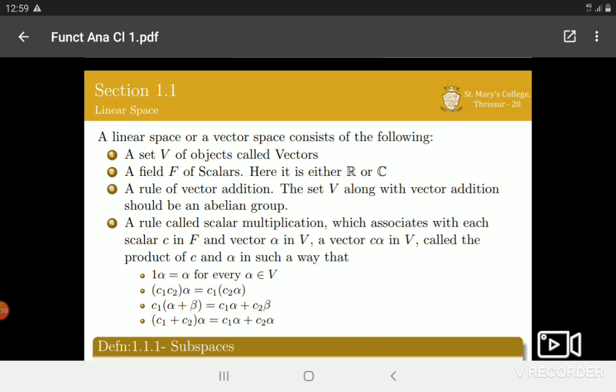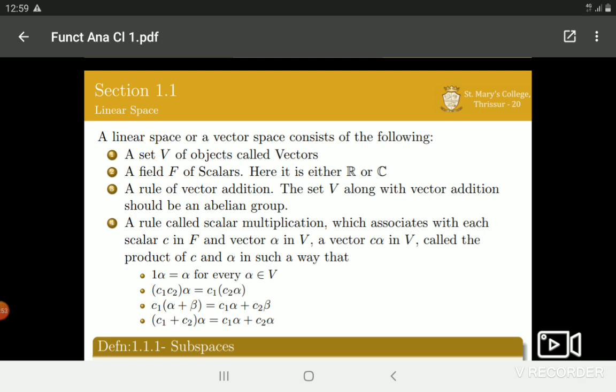Then the fourth thing, a rule called scalar multiplication, which associates with each scalar c in F and vector alpha in V a vector c alpha in V called the product of c and alpha, in such a way that 1 alpha is alpha for every alpha element of V. c1 c2 alpha is equal to c1 of c2 alpha. c of alpha plus beta equals c alpha plus c beta. c1 plus c2 of alpha equals c1 alpha plus c2 alpha.